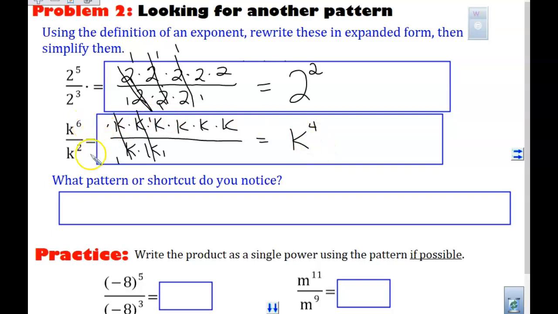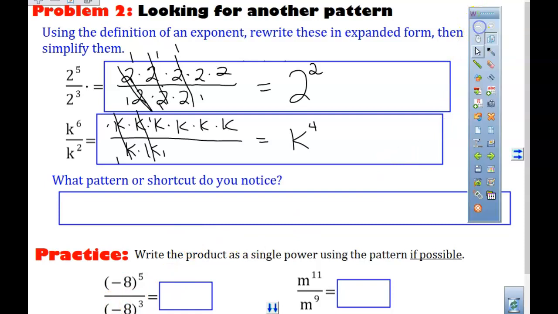So thinking about your numbers 6 and 2 to get 4, 5 and 3 to get 2, if we are looking for a shortcut, anyone want to give it a shot, what they think the shortcut is? Alexander? You take the 6 minus the 2. The 6 minus 2. Does that work if I take 5 minus 3?